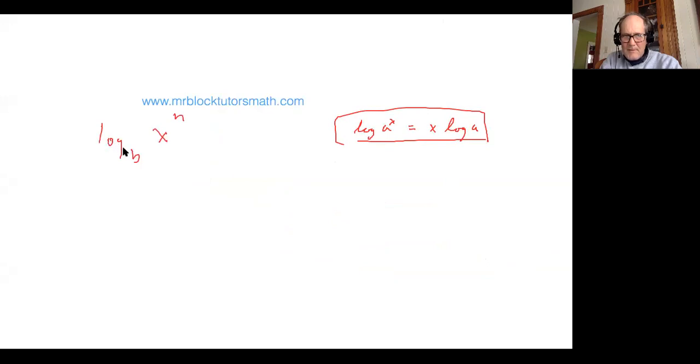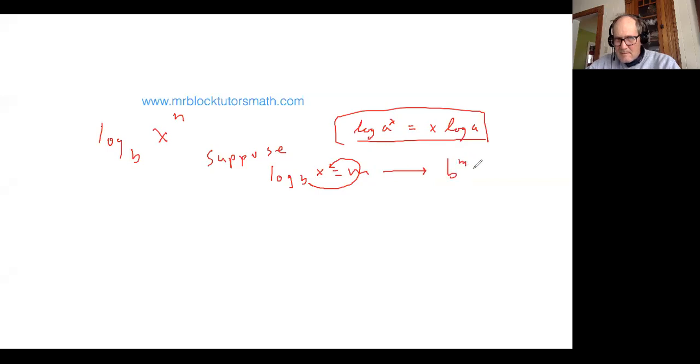So here we have log base b of x to the n. Now let's develop this argument. Suppose log base b of x equals m. Exponentially written, that would mean b to the m equals x.